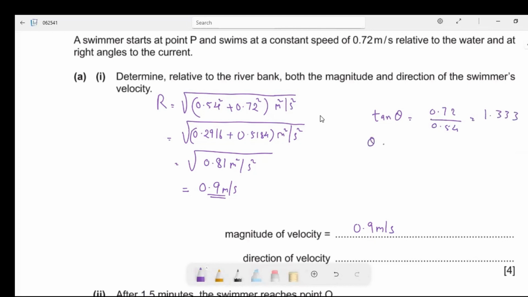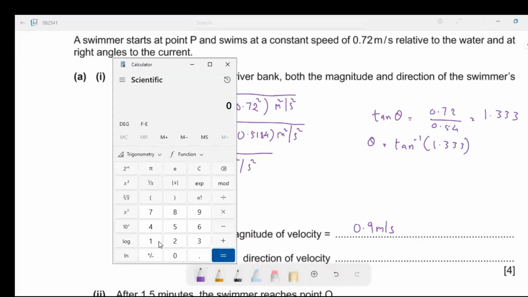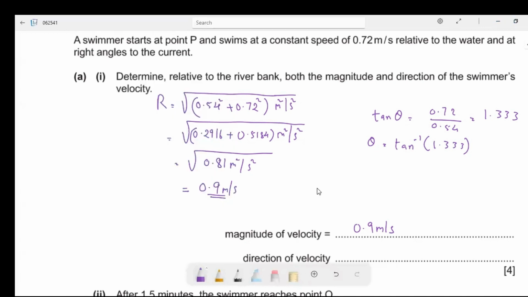So theta can be written as tan inverse of 1.333. Let's calculate it. 1.333 tan inverse, in degrees, is 53 degrees. So theta is 53 degrees.